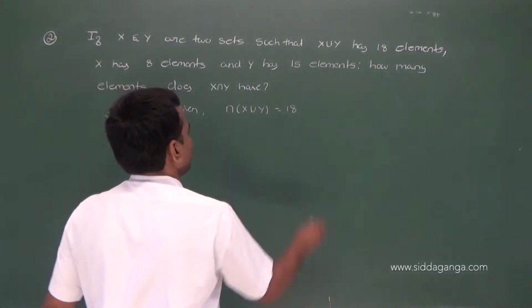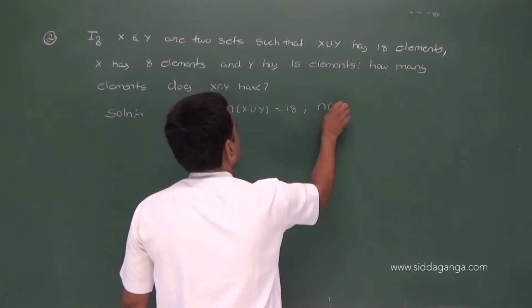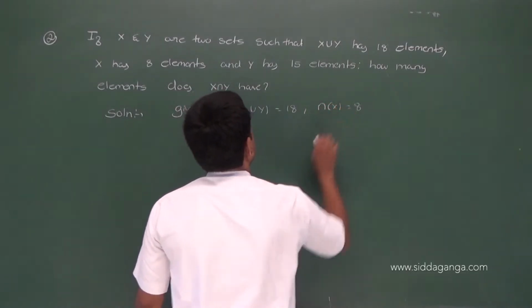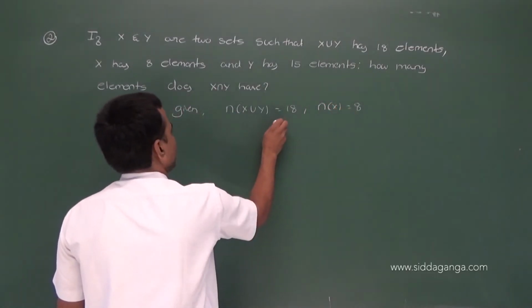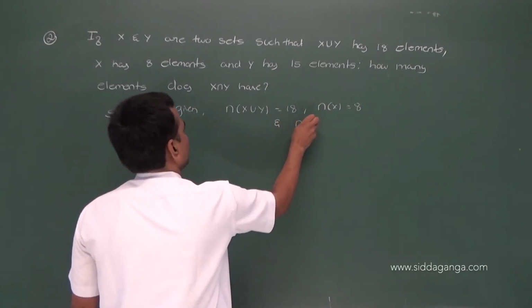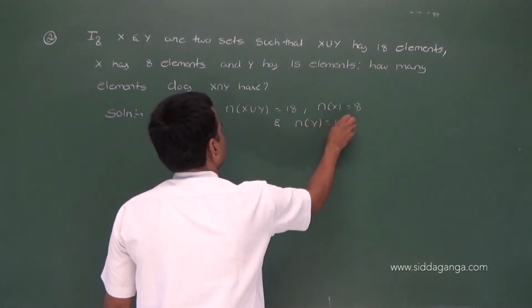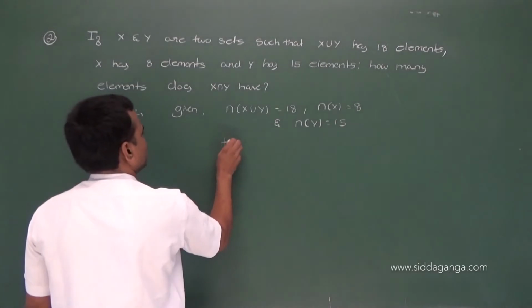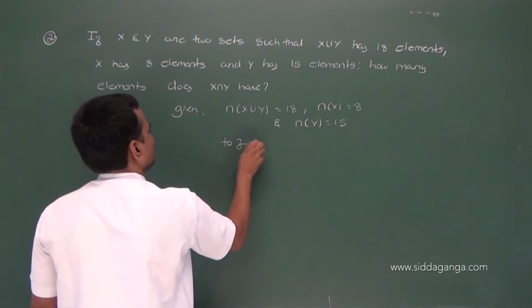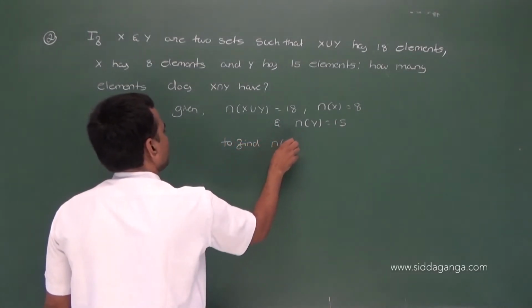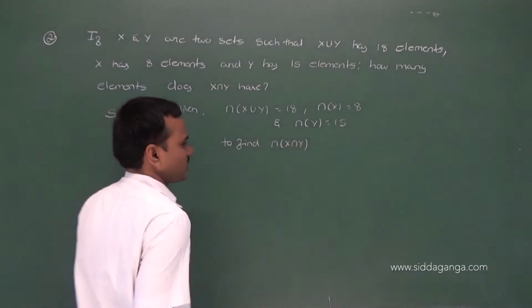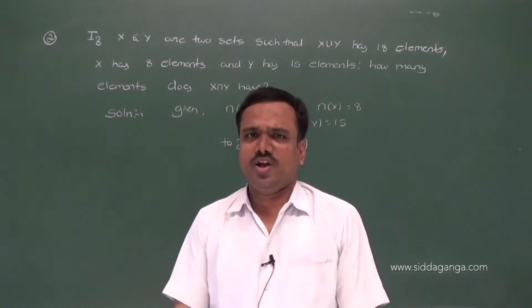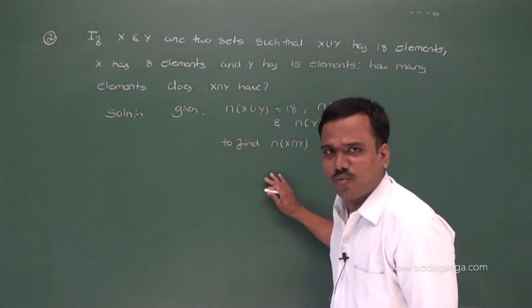X has 8 elements, n of X is equal to 8. Y has 15 elements, n of Y is equal to 15. To find what? n of X intersection Y.